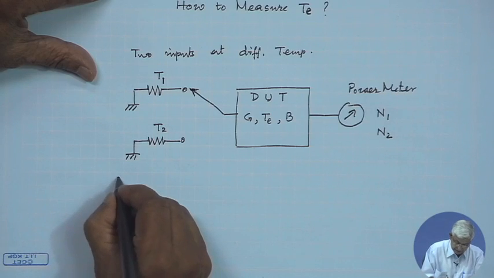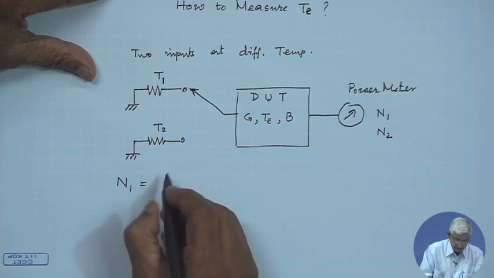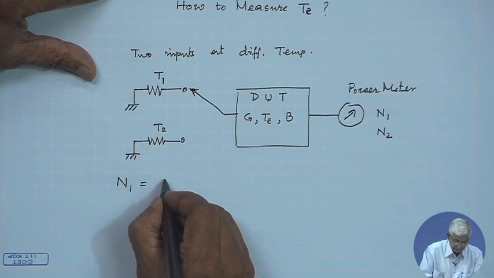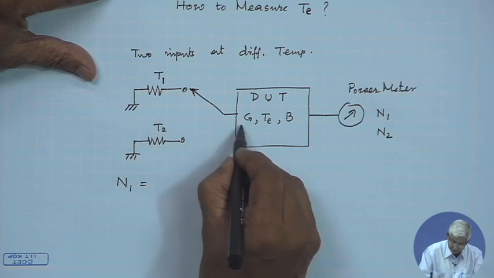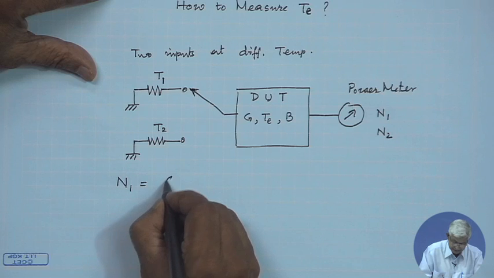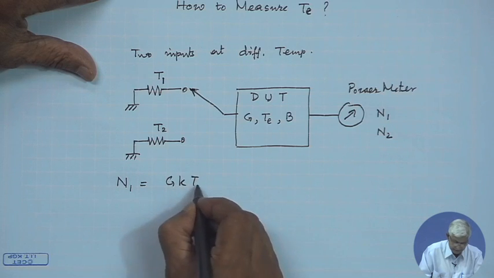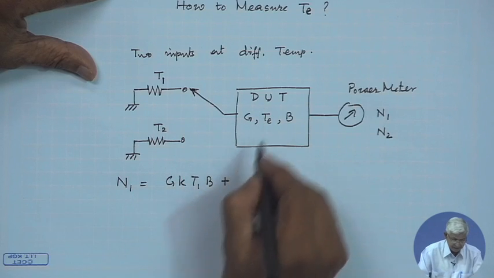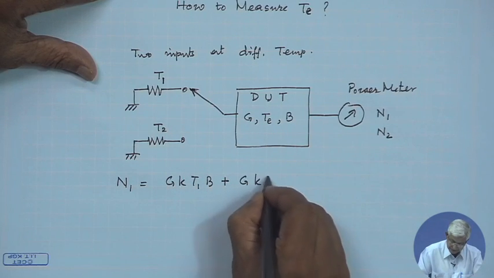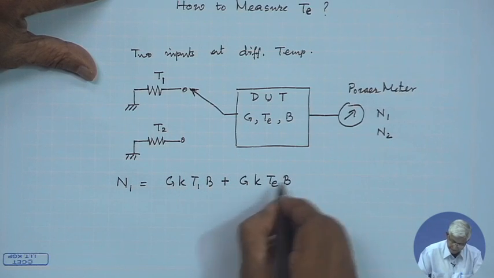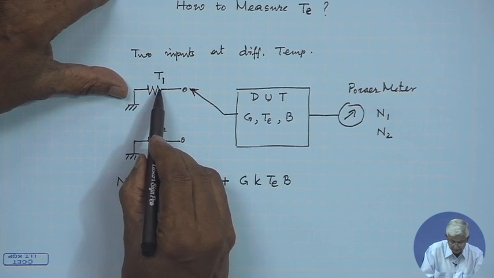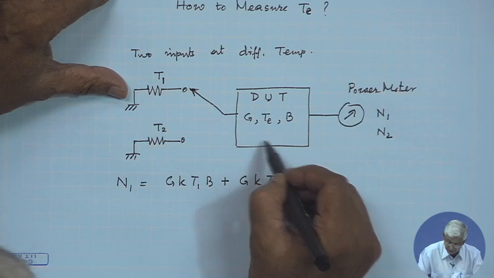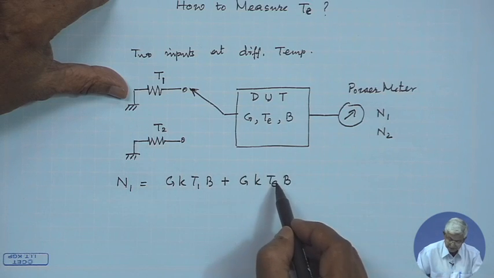So, we can write N1 is the input noise multiplied by the gain of this, that is G k T1 B, and the noise generated by itself, that is G k Te B. The input is having a temperature T1 and the device has its own effective noise temperature Te.